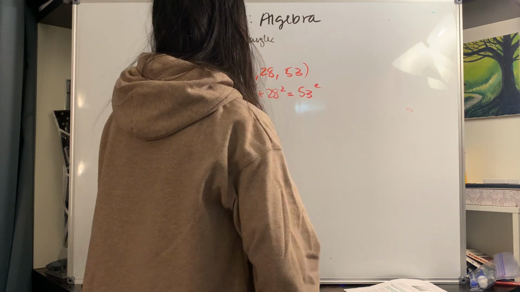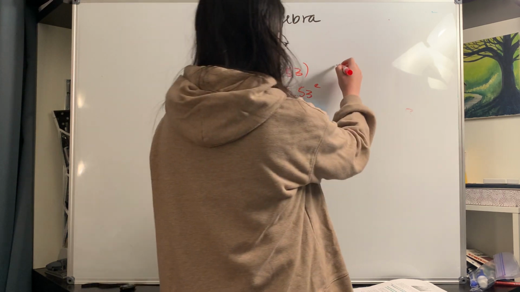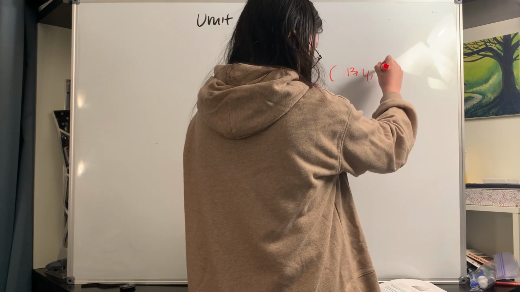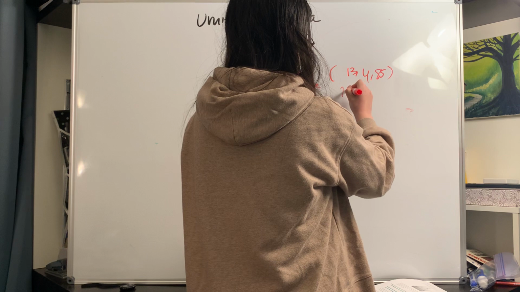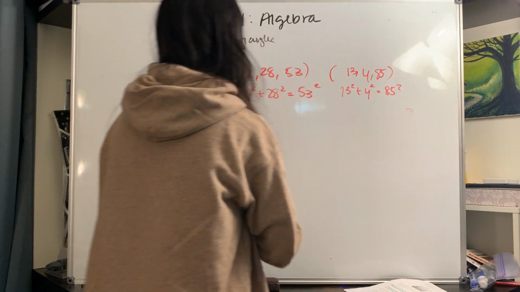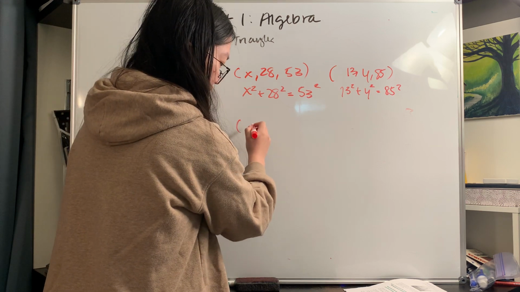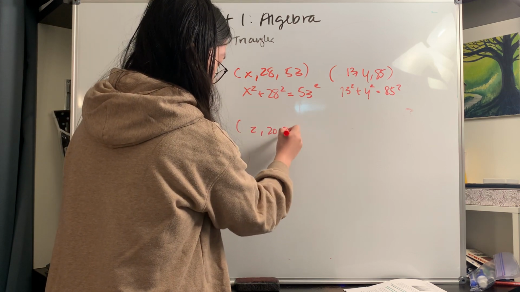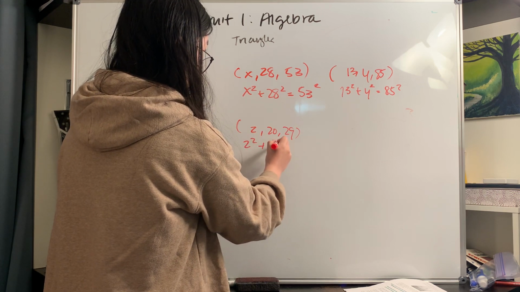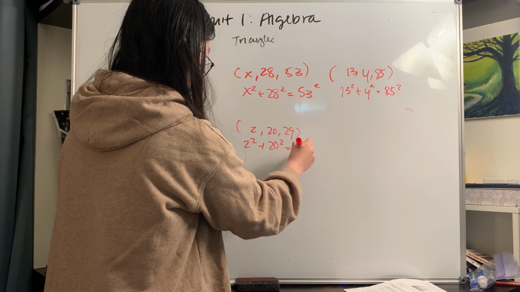So with that, we can figure out what x squared is. Then we know this here, 13, y, 85: 13 squared plus y squared is equal to 85 squared. Then we have our final set, z, 20, 29, and z squared plus 20 squared equals 29 squared.